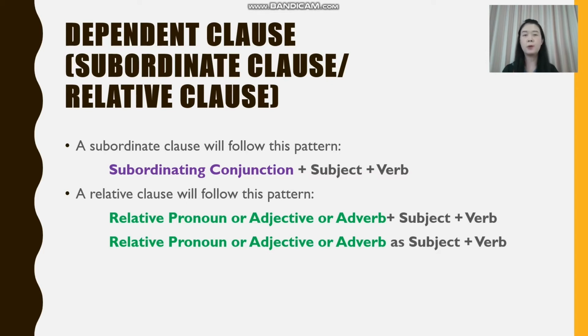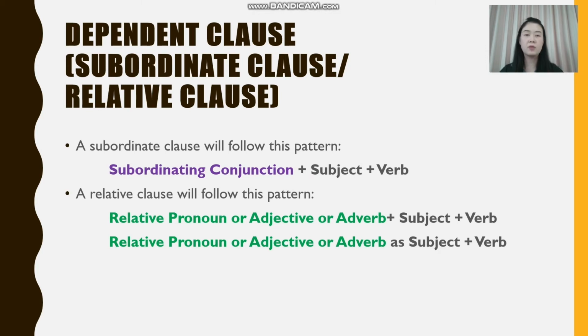But another possibility is that we can use a relative pronoun, relative adjective, or even relative adverb to be the subject of that clause. So in that case, we're going to use just the verb right after this kind of introduction.